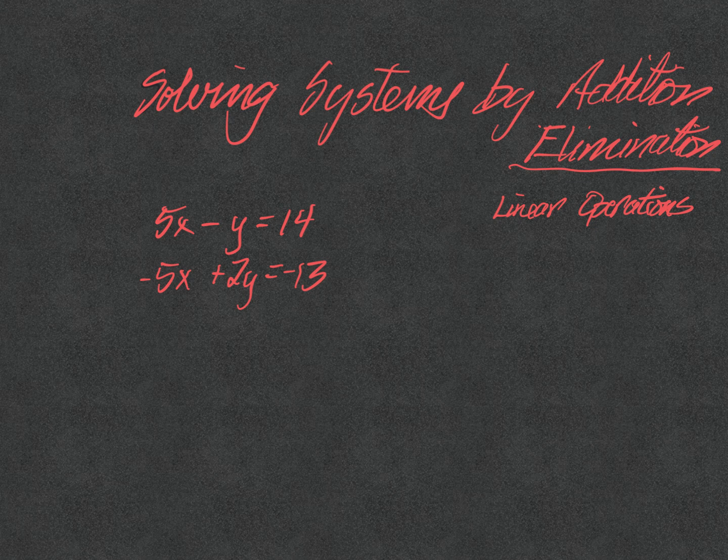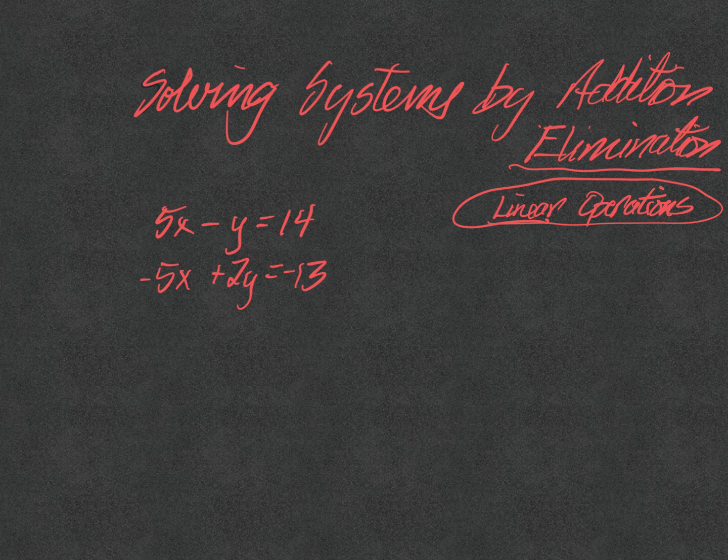You can actually add equations together. We've been adding to both sides of an equation, but you could actually take two equations and add them together. But you want that addition of equations to actually accomplish a purpose. And what we want it to do is eliminate a variable. So here's a first simple example.